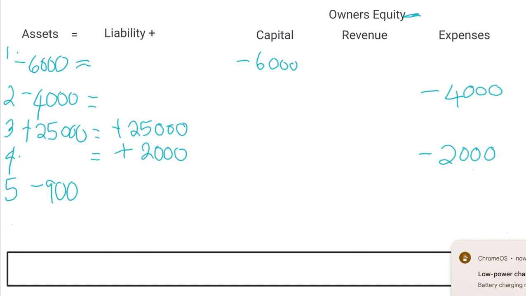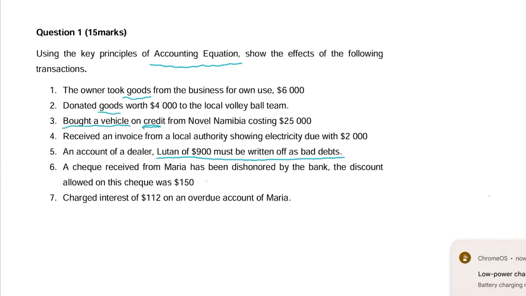All right, and then in our expenses we will also say minus 900 because this is an expense. You have a bad debt expense account. Okay, so let's move on to question 6. So it's very important for you to always know each of the type of the accounts. Is it an asset? Is it a liability? Is it an expense? You need to know what account you're dealing with.